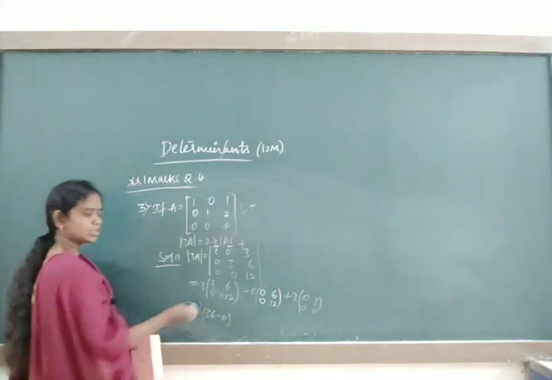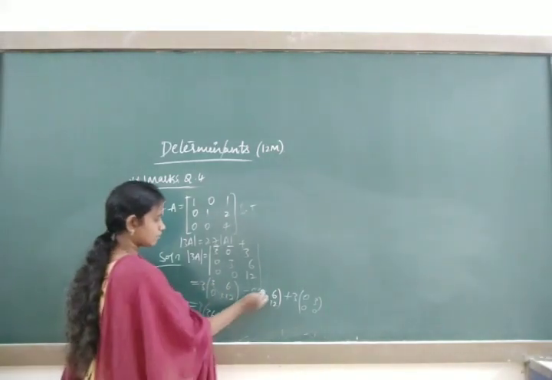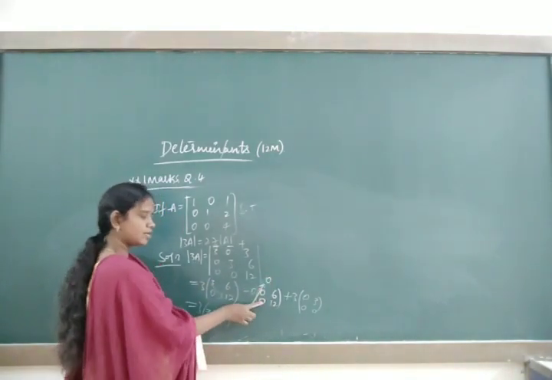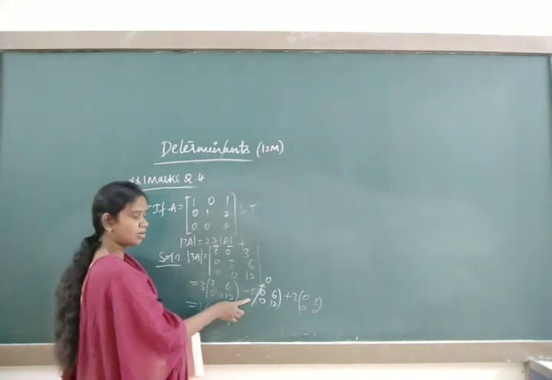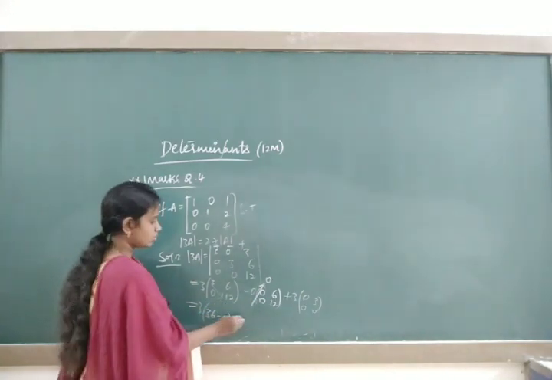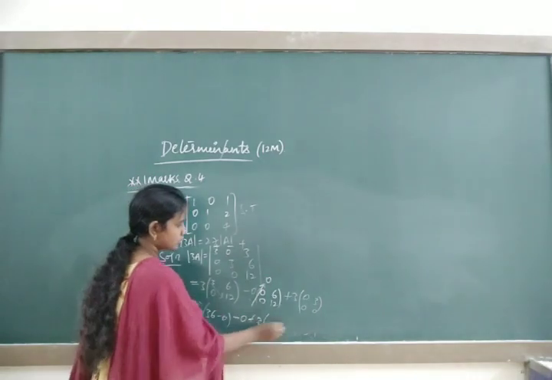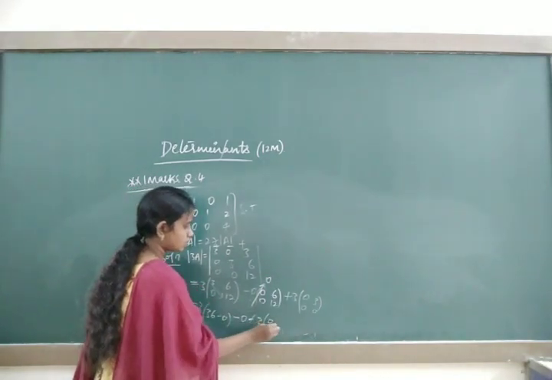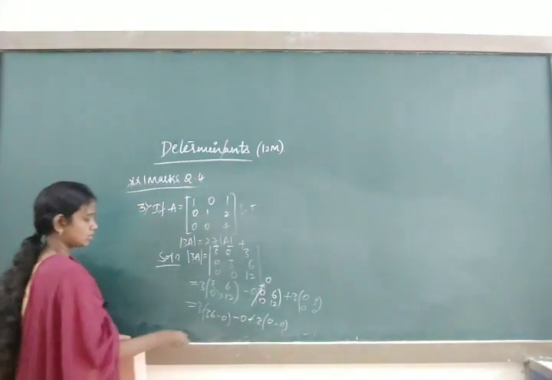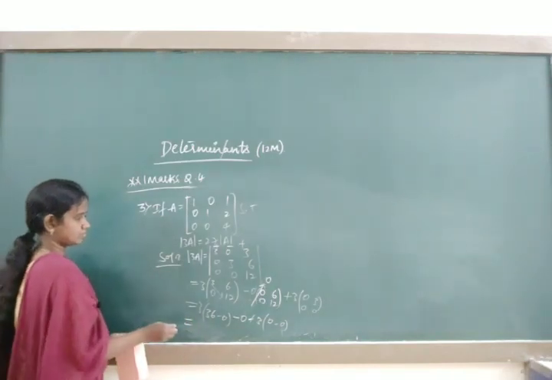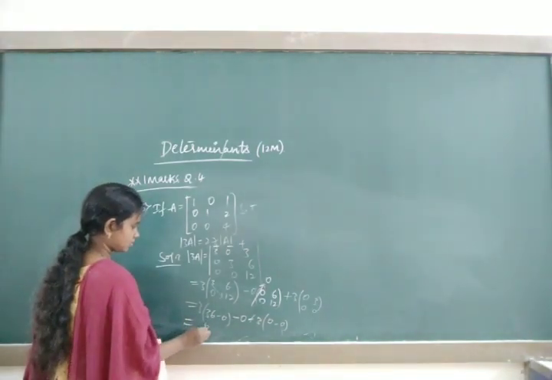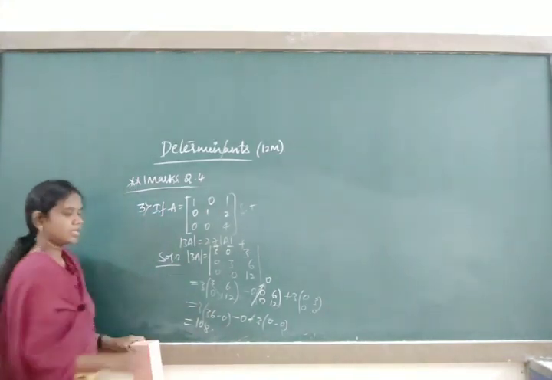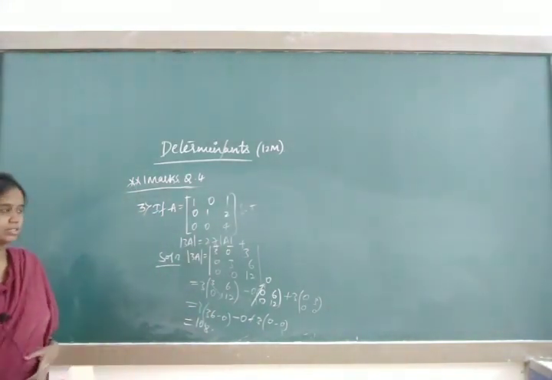Minus 0, because 6 into 0 is 0. It's completely 0, because whatever numbers you get in the bracket, my outside is 0, and 0 into something is 0. Plus 3 of this is also 0, since 0 into 0 is 0. So the result is 108, the LHS part.